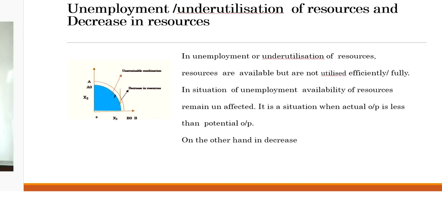If you are producing anywhere inside the PPC, like this given point, that is underutilization. Means you are not using your resources properly. This is also known as unemployment of resources.